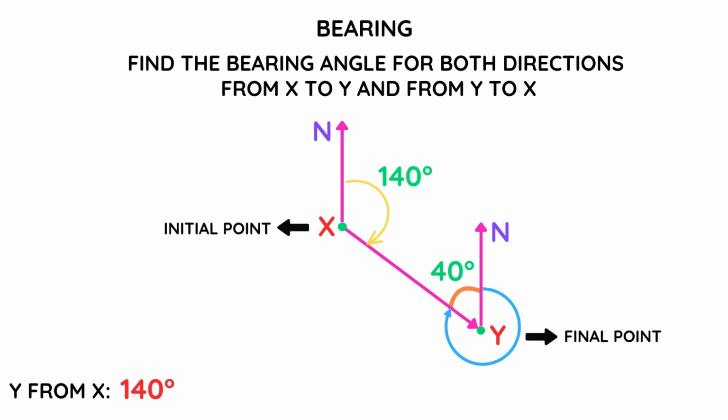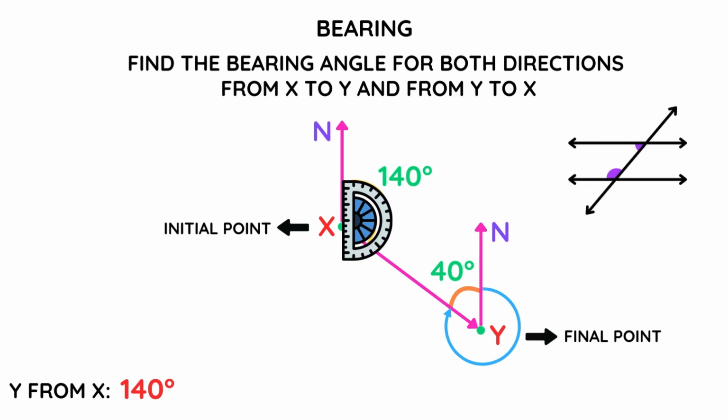There are actually 2 methods to solve this part. The first is to use a protractor to measure the angle, as we did earlier. Alternatively, you can use the property of parallel lines that states the sum of the interior angles between 2 parallel lines is 180 degrees. This property can sometimes make finding the bearing quicker.